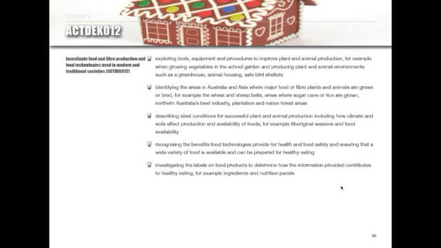So here, there's some examples available, such as growing vegetables in a school garden, maybe making some houses for different types of animals. You might make some bird houses or possum houses, and see how the different designs would suit different animals.